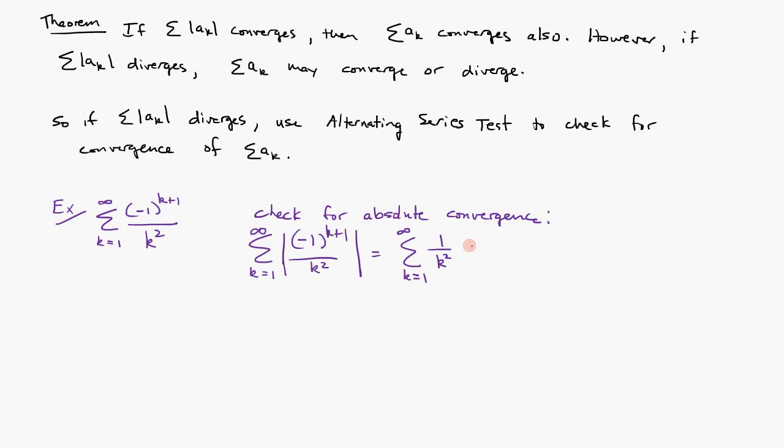But this is a series we're familiar with. This is a p series with p equals 2. And so it converges. So that means that this series is absolutely convergent.